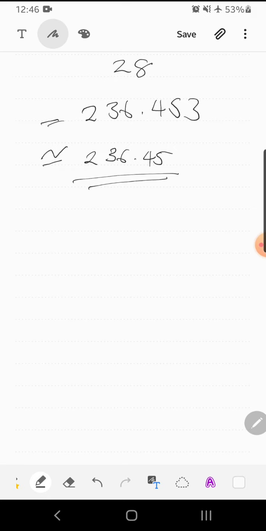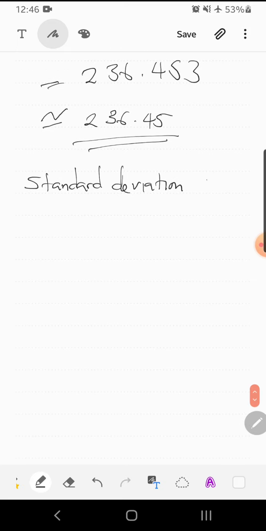Now that we have the variance, we can easily find the standard deviation and the coefficient of variation. So the standard deviation, just known as S, is just the square root of the variance.